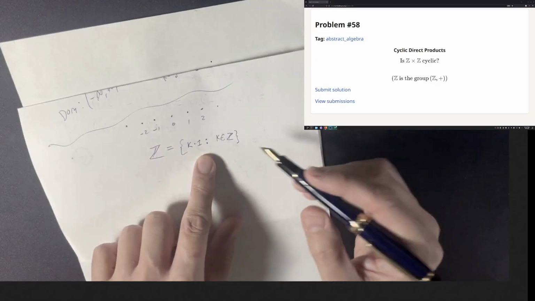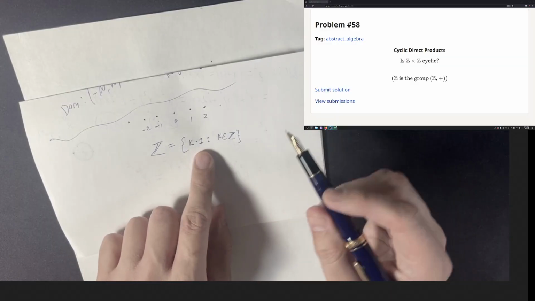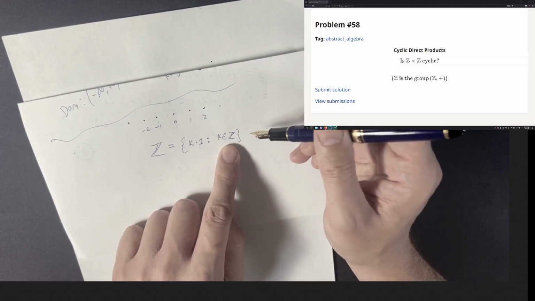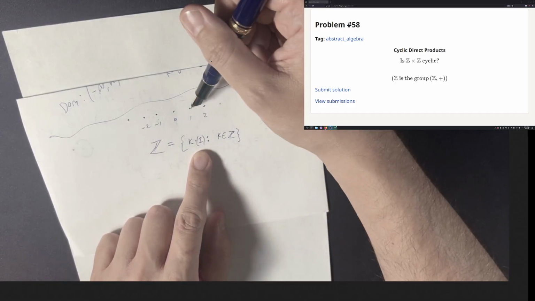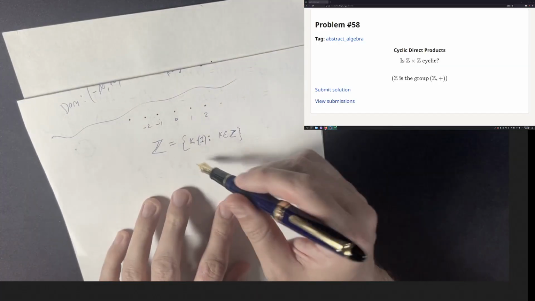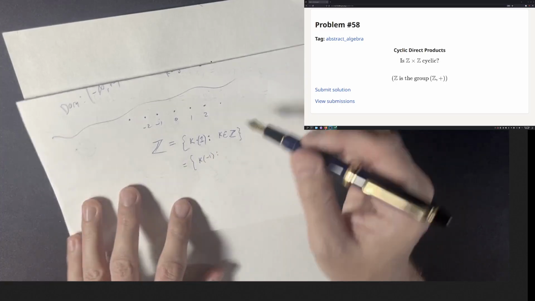It's a bit of a silly thing to say, isn't it? Z is generated by Z. But no, I mean, if you take this element 1, which is an element in the set of integers, you could even take just -1. Okay? So Z is cyclic.